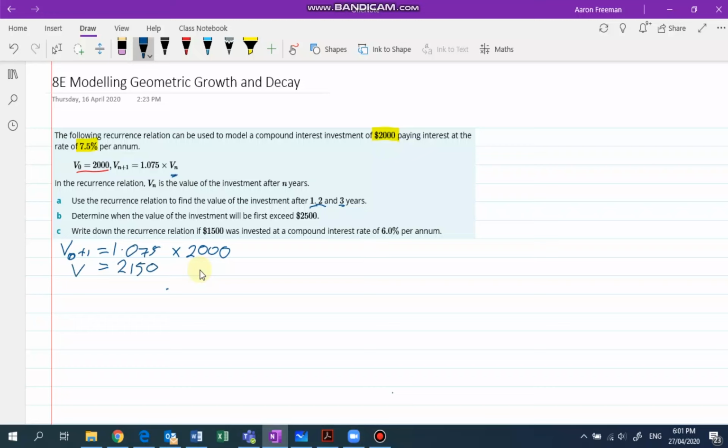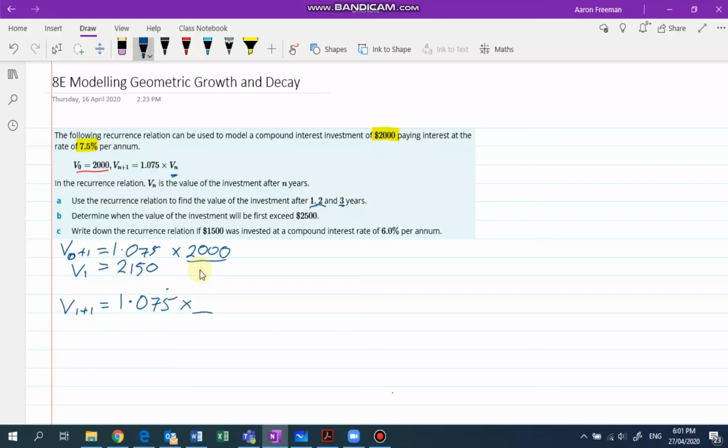And that is V1. Okay, now we've got that, we can find V2. So V2 is V1 plus one more iteration. So 1.075 times, remember that this one was 2,000 because that was V0's value.